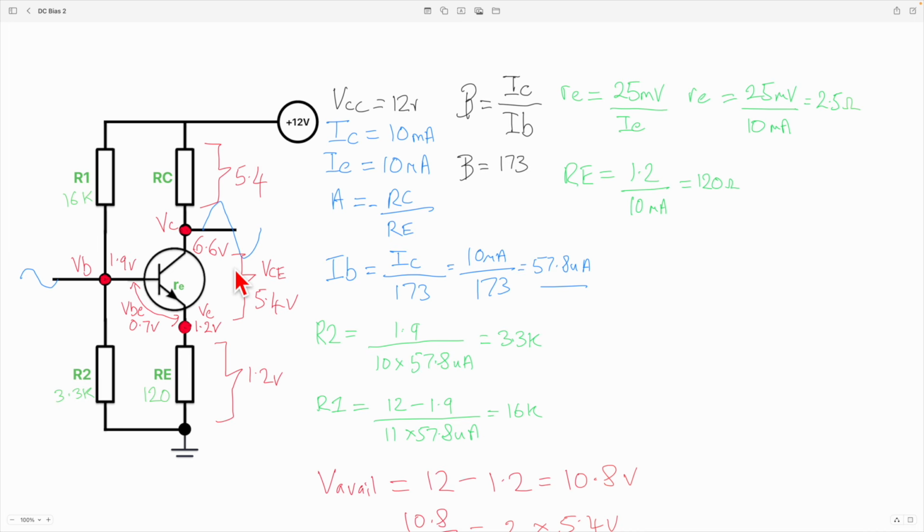So now, again, it's a simple bit of Mr. Ohm's law. If we want to calculate RC, we know we want to drop 5.4 volts and we want 10 milliamps going through it. So it's 5.4 over 10 milliamps, and that of course gives us 540 ohms.